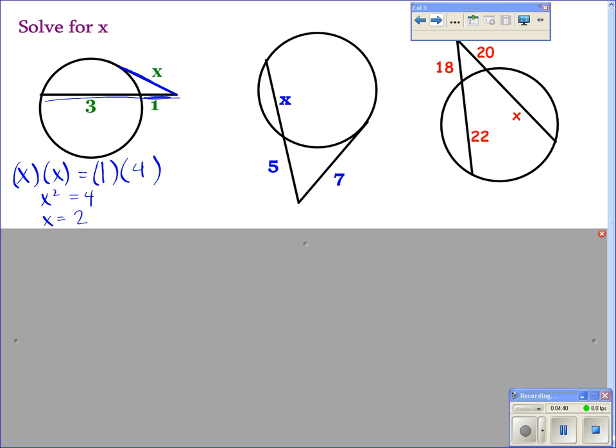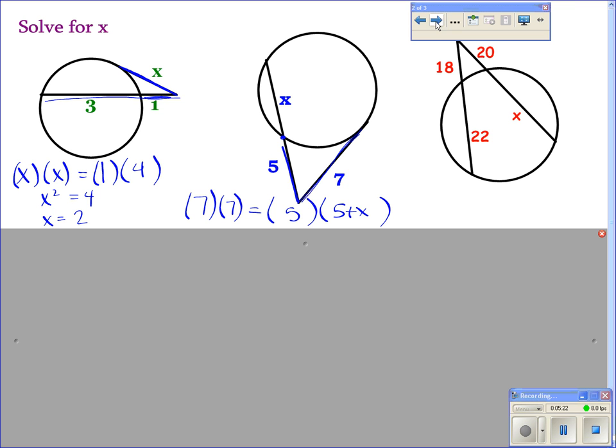Questions on that setup? All right, looking at the next one, we've got a circle, we have a 5 and a 7 and an X just on the inside. So we've got 7 times 7, because we'll take the outside chunk times the whole thing. Set that equal to the outside, which is 5, and then what's the whole thing going to be written as? We added them, so we should write 5 plus x. No, 5 times x would be 5x.